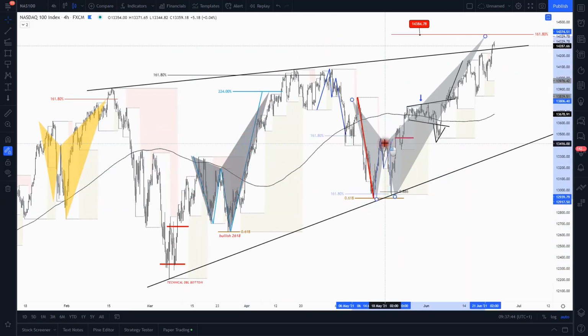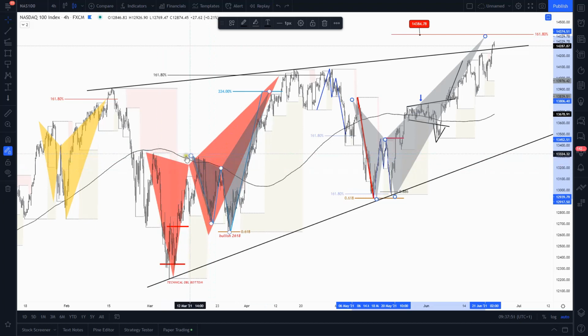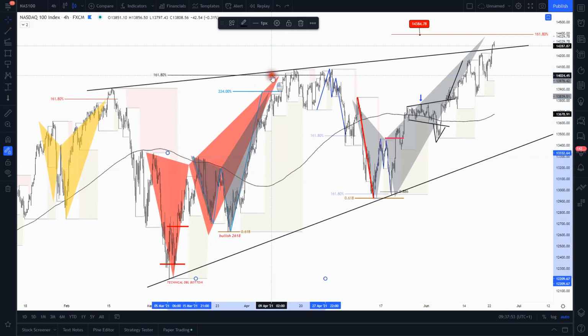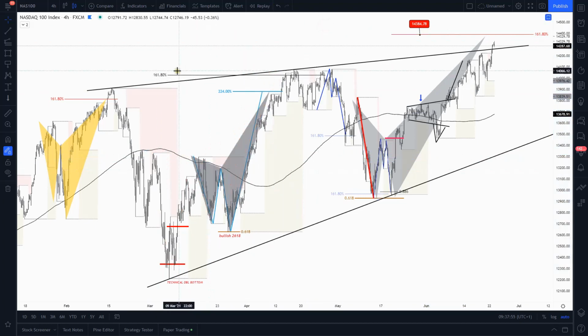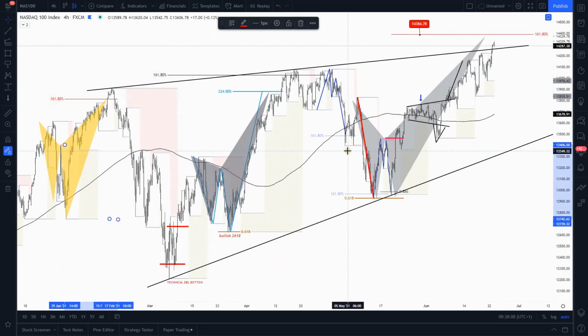So what we have here is exactly the same sequence as we had before. The crab pattern, the golden Fibonacci level projected there as potential resistance, the same Fibonacci level as we can see multiple times in this chart.